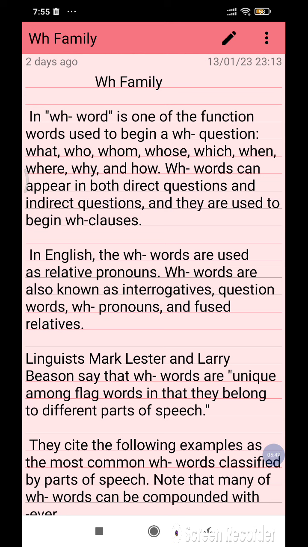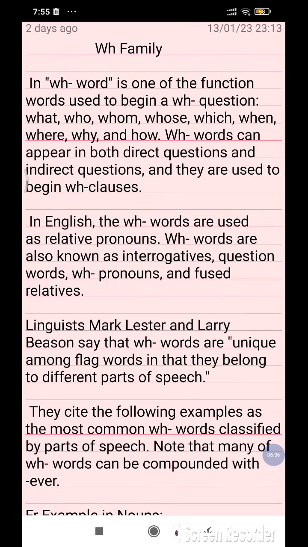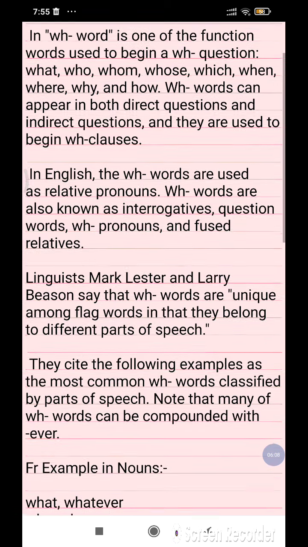So basically, WH family words are used to form WH questions like what, who, whom, whose, which, when, where, why and how. WH words can appear in both direct questions and indirect questions, and they are used to begin WH clauses.